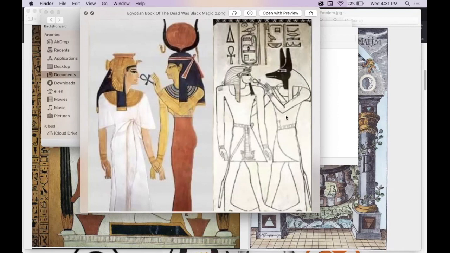And this is another Anubis that is also giving this initiate, one of the Pharaohs, that little magic ankh as well, saying, yes, you've already earned this seal of approval of being initiated into the practice of black magic and white magic. It all depends on the clothes that they wear as well.